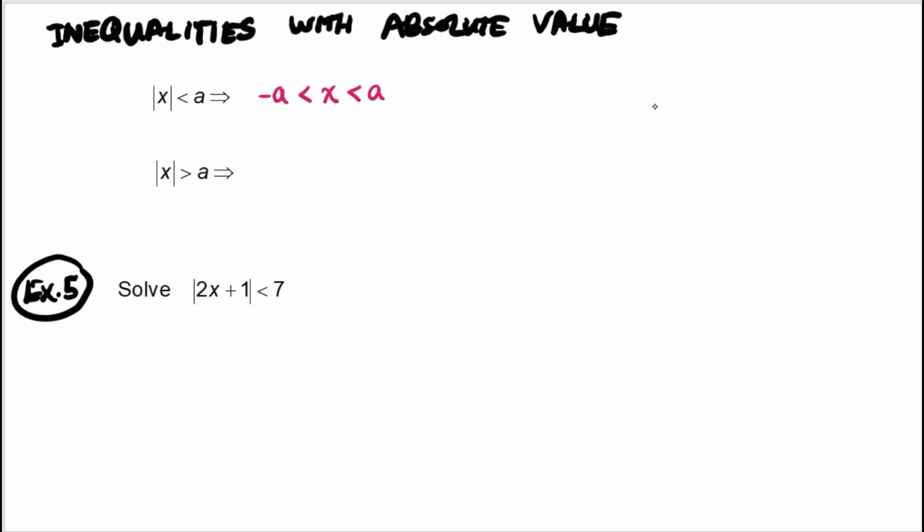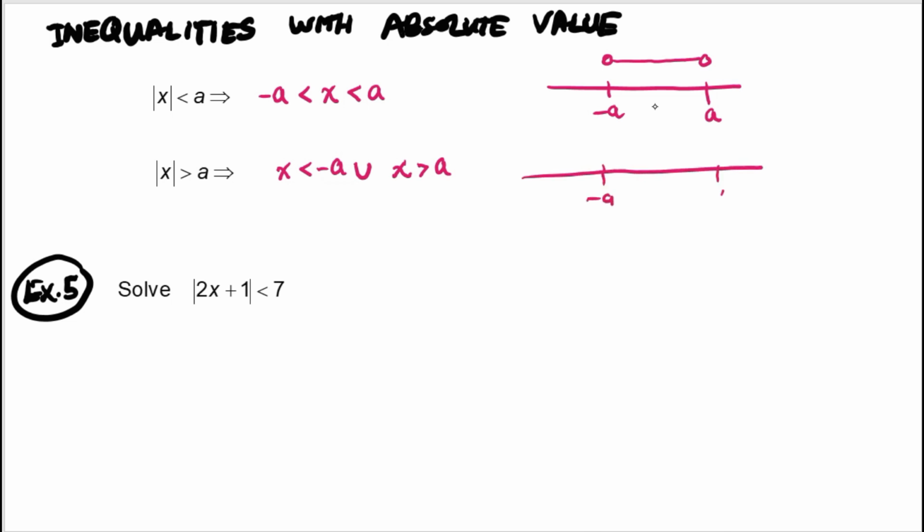But if the modulus of x is greater than a, then x is less than negative a, union with x greater than a. When we represent this on the number line, we have negative a and a, so this part goes this way, and this one goes this way. This is what this inequality means.